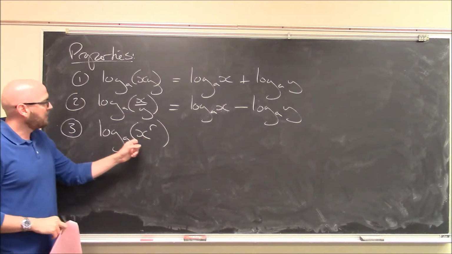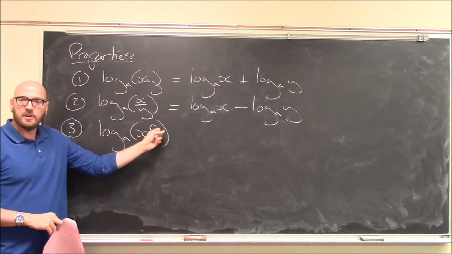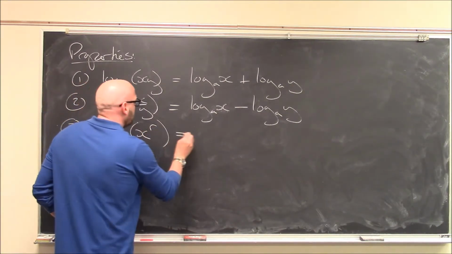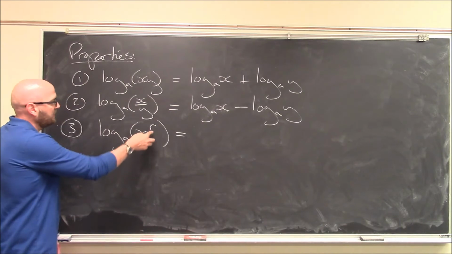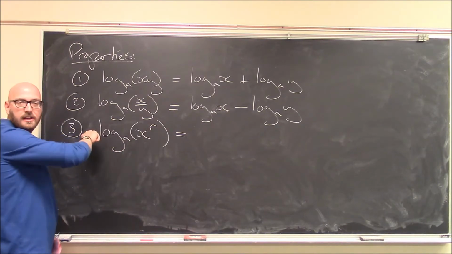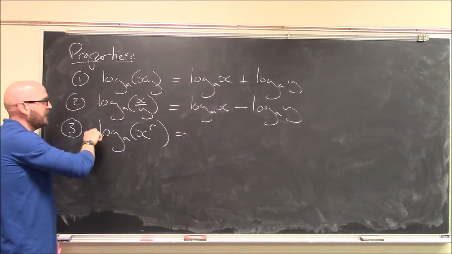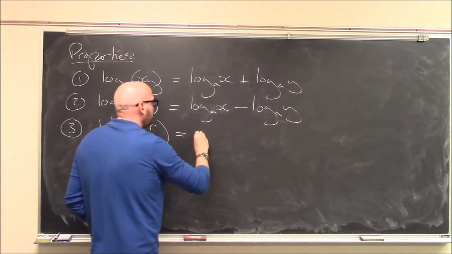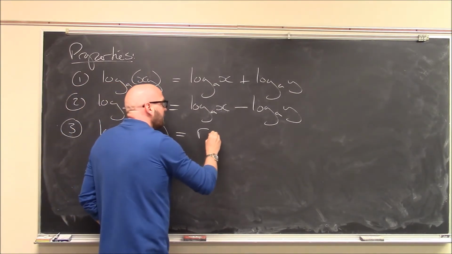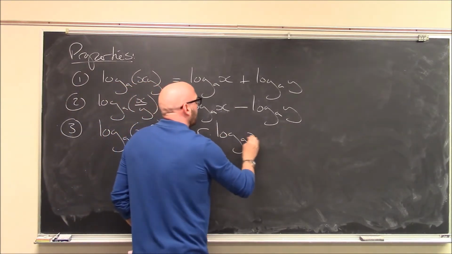So I'm taking the log of x to some exponent r. What you can do is bring this exponent outside as a constant multiple. So it's r times log to the base a of x.